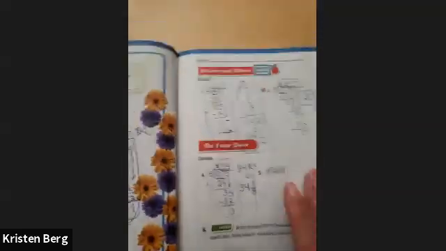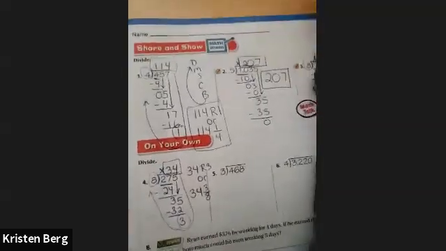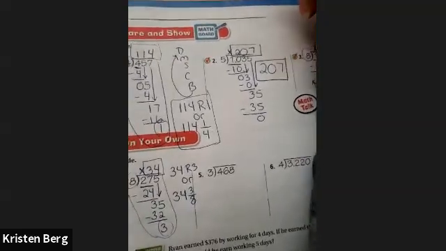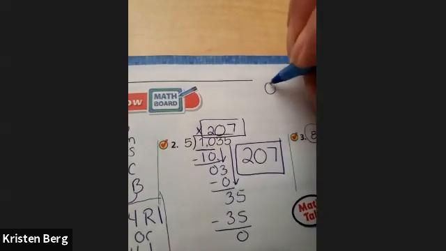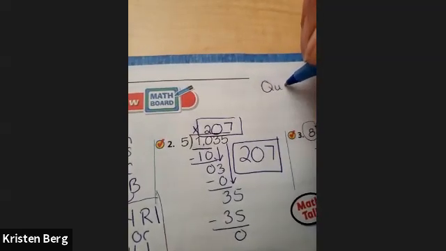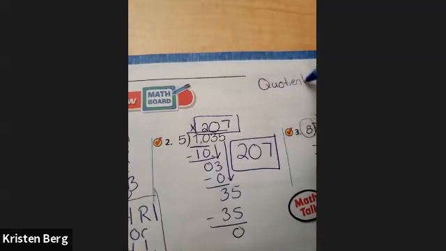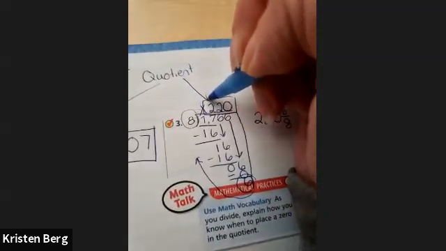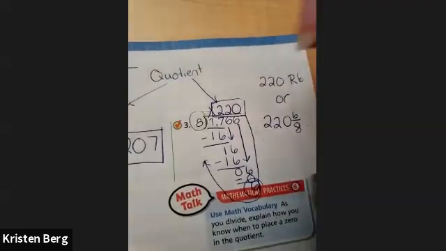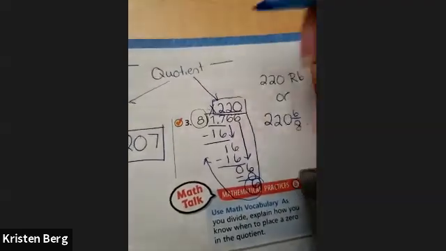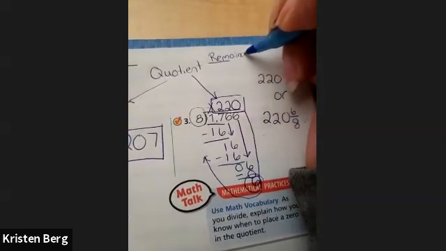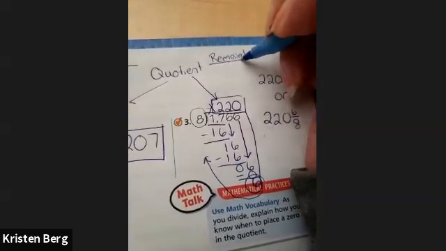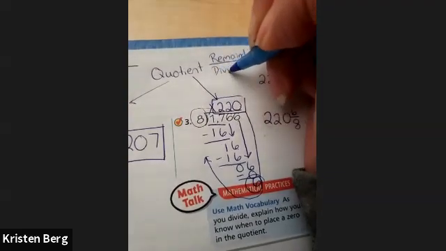So keep that in mind when you are doing these kinds of things with the remainder. The answer up here is the quotient. And then when you're putting it into fraction form, you're going to put the remainder over the divisor.